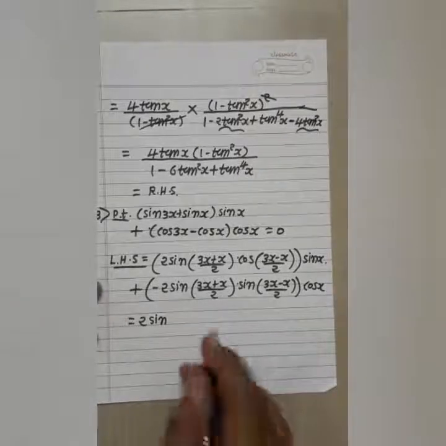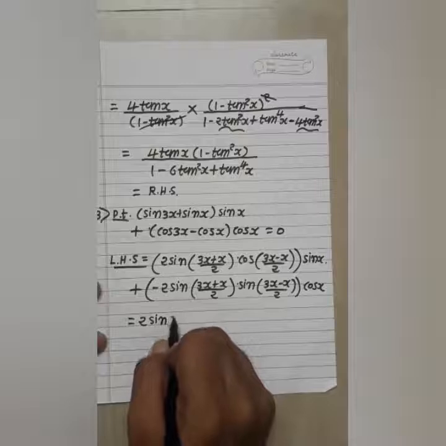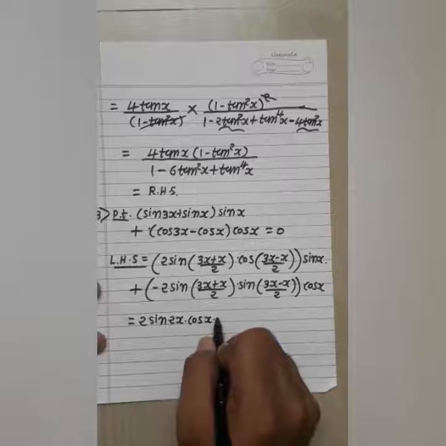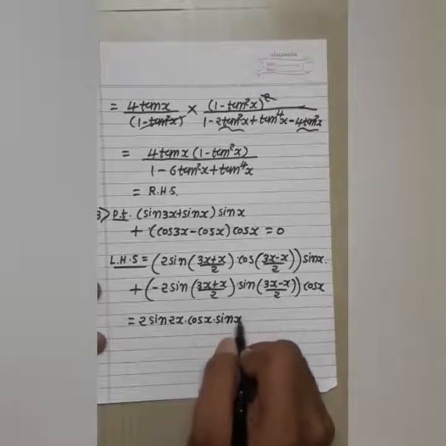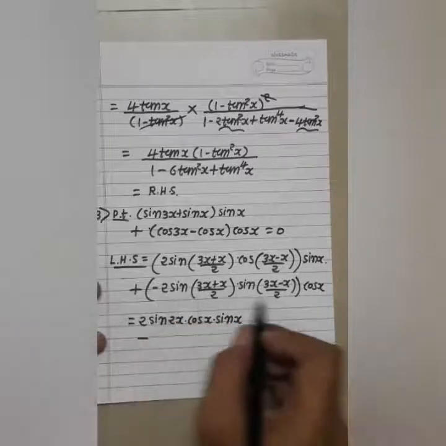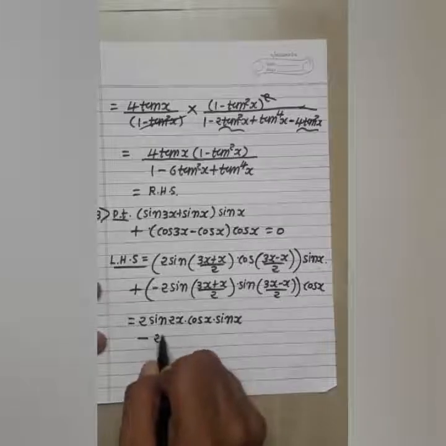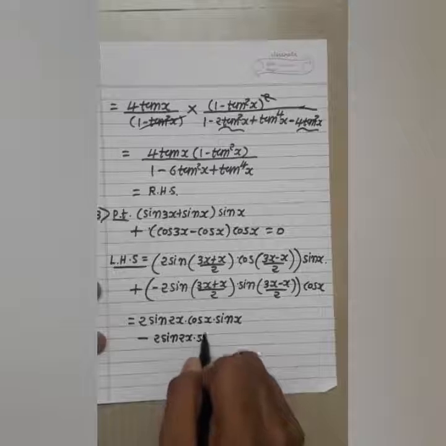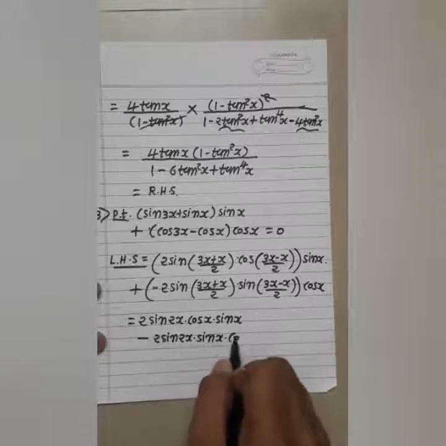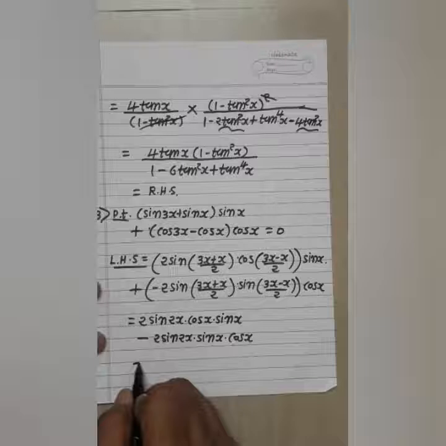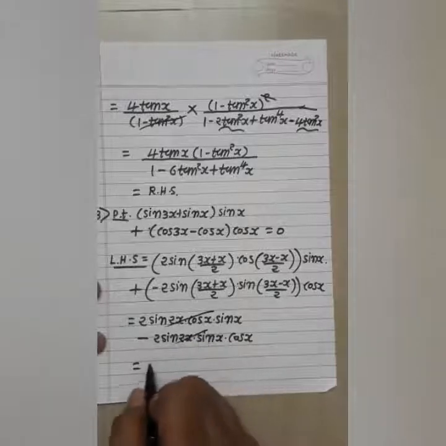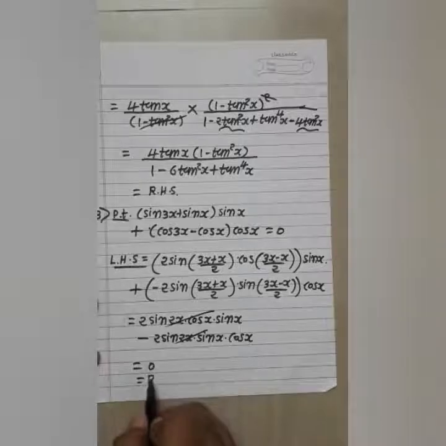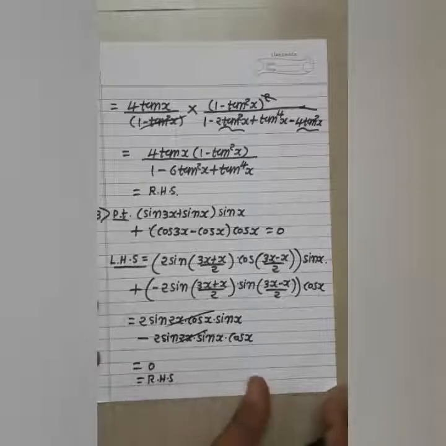So here we write 2 times sine 2x into cos x over sin x, minus, in the same way here, minus 2 times sine 2x into sin x over cos x. Now both these terms are the same, so cancel out these terms, so we get the answer 0, which is equal to the RHS side written here.